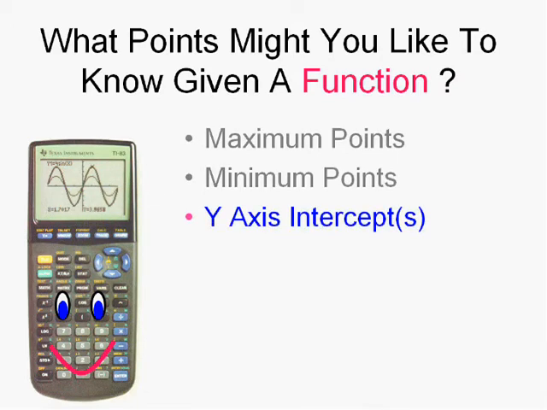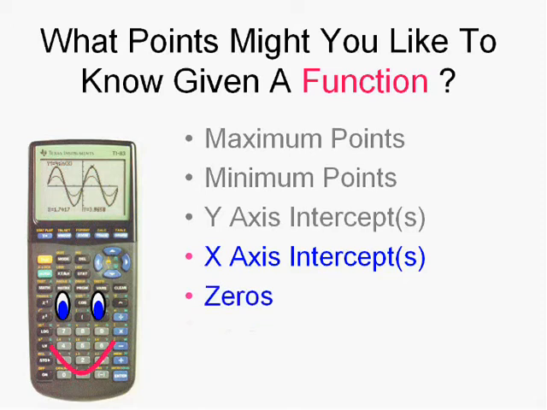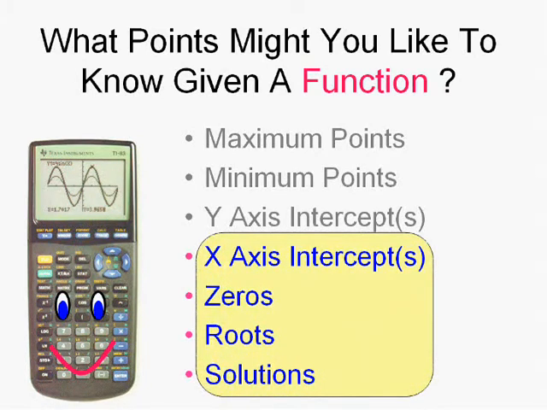You may want to know the y-axis intercepts, like this. Where does it intercept the y-axis? You may want to know the x-axis intercepts, or the zeros, or the roots, or the solutions. Now wait a minute.